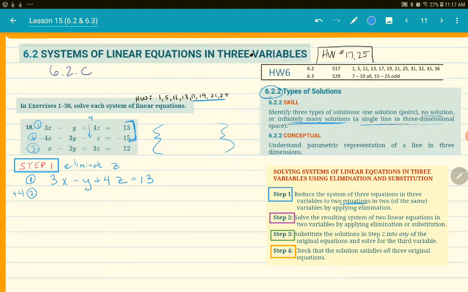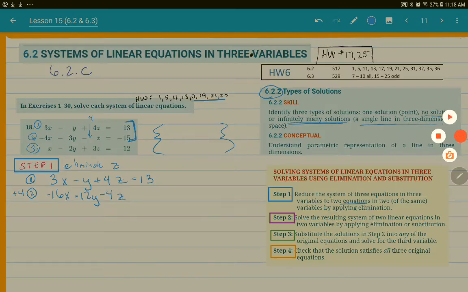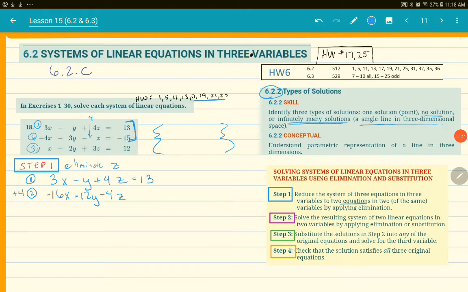I get 4 times -4 is -16x. -3y times 4 gives me -12y. Negative z gives me 4z. That's by design. That was my whole goal. Whoops, that should be a negative. Sorry. And then equals -15 times 4 gives me a -60.